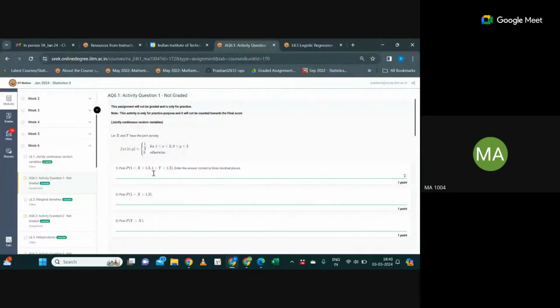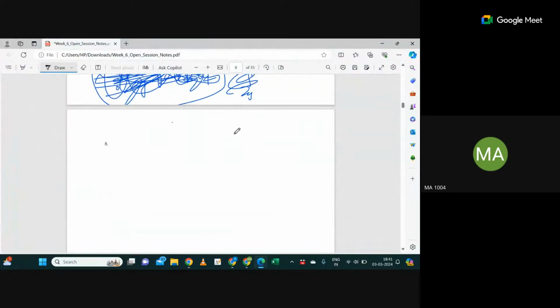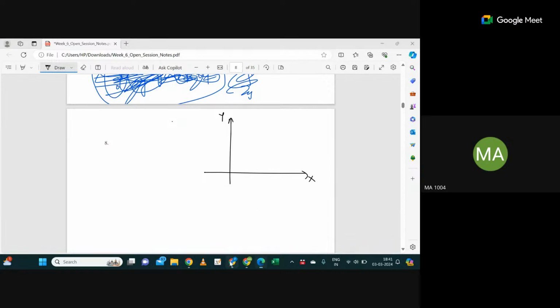First of all, here you can see the support of x and y. It's 1 to 2, then 0 to 3. If you draw the region, I will give you a hint; I'm not going to solve it here. The limit of x is 1 to 2, then 0 to 3. Suppose 0 is here, 1 is here, and 2 is here.